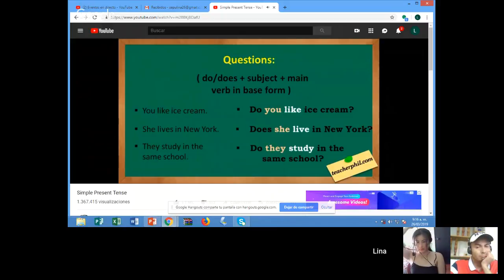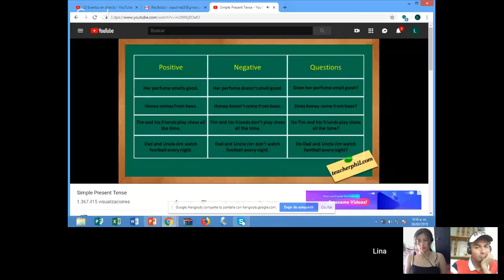Remember that in making questions, do and does should come first. Try to compare the differences between the structures of the simple present sentences. We have here the positive and negative statements and the questions. Examples: Her perfume smells good. Her perfume doesn't smell good. Does her perfume smell good? Honey comes from bees.